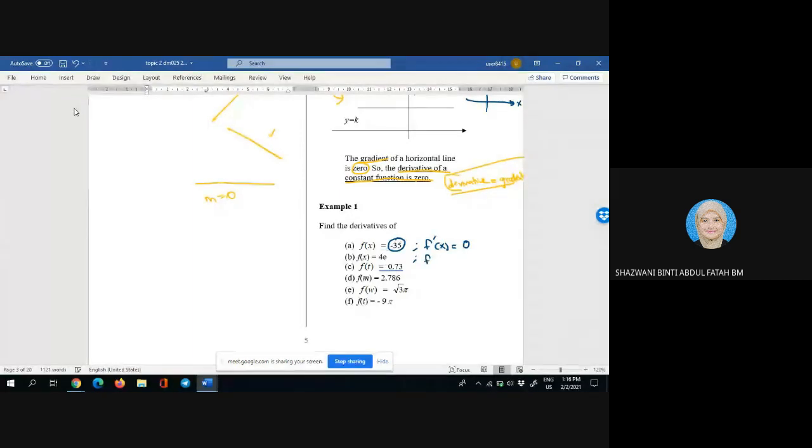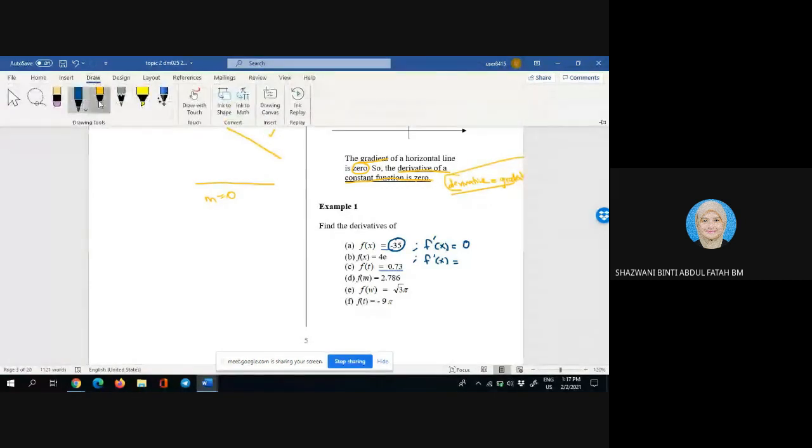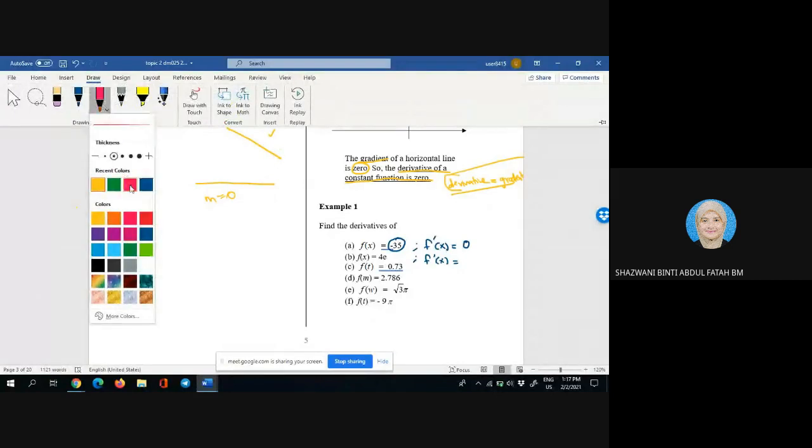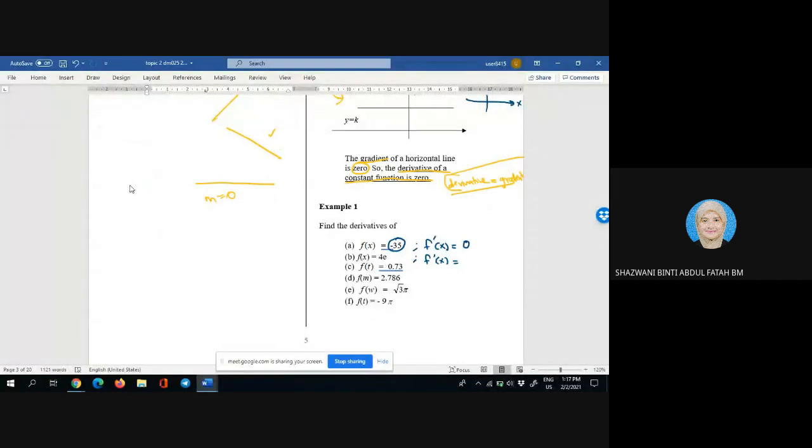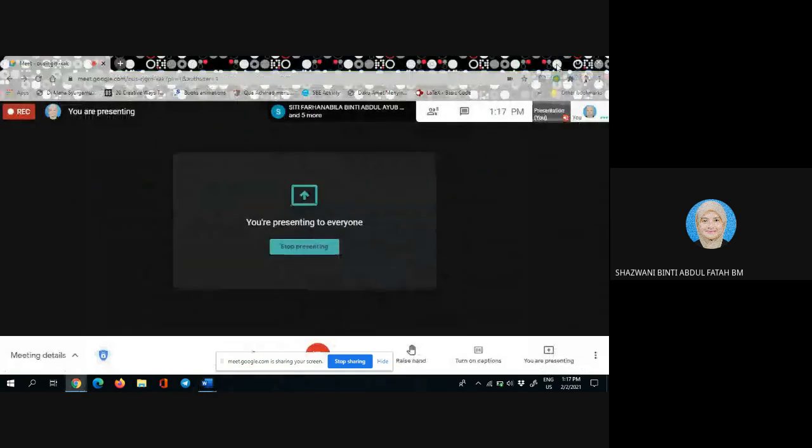So b pun sama. f(x) equals 4e. So f prime x equals to 4? Kenapa pula 4? Ini killer dia. Tengok, variable dekat sini adalah x. Belakang ni adalah e. E tu apa dia? E tu ada nilai. Cuba tekan calculator.